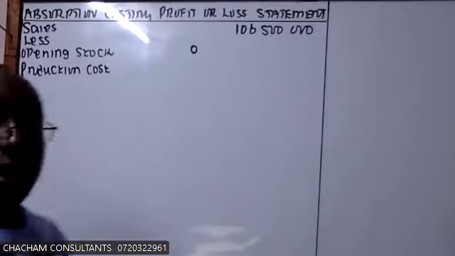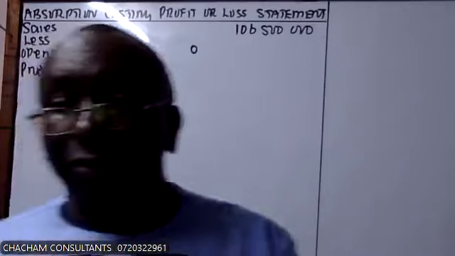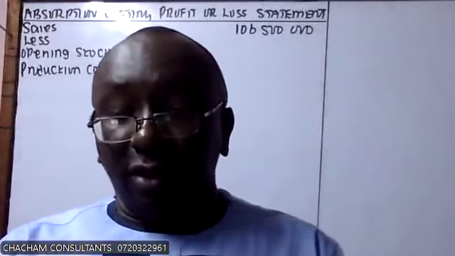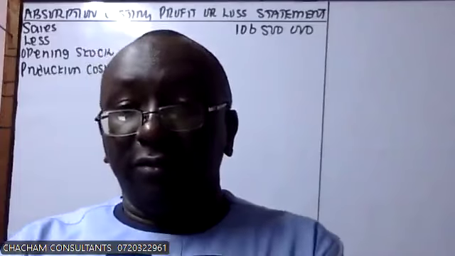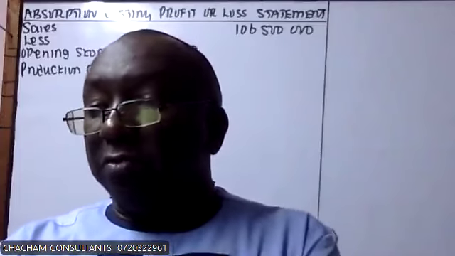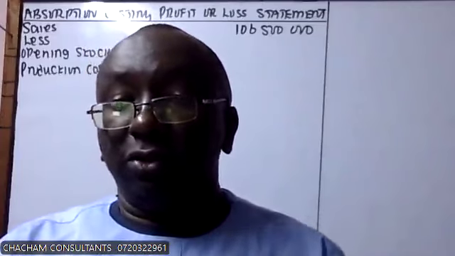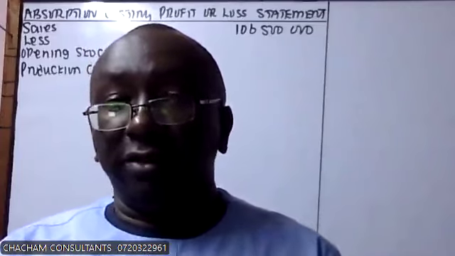You go up there, the unit cost we got is 2250, multiplied by the units produced, 24,000. So 2250 times 24,000.